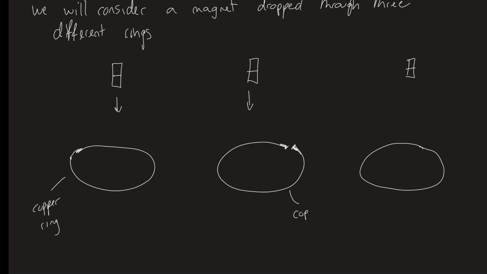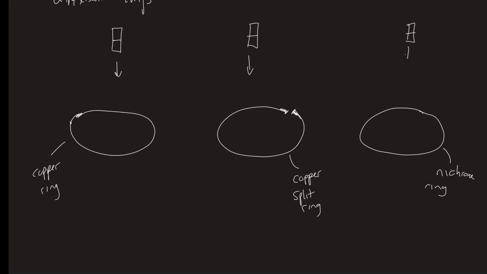So again, this is a copper split ring, and this is a nichrome ring. In each of these cases, the magnet will actually behave differently.